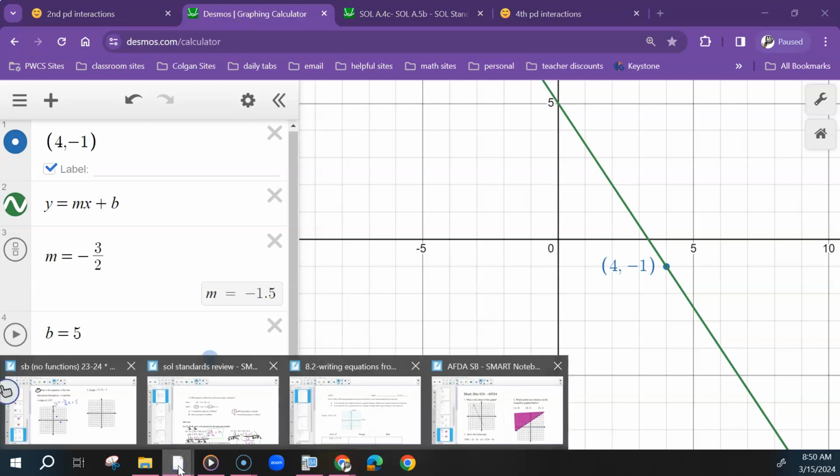Take out your SOL A.4c-5b. I know I checked it already. We're going to go over it. Or at least take out a piece of paper to write down the answers.